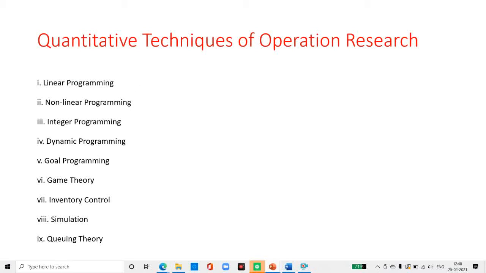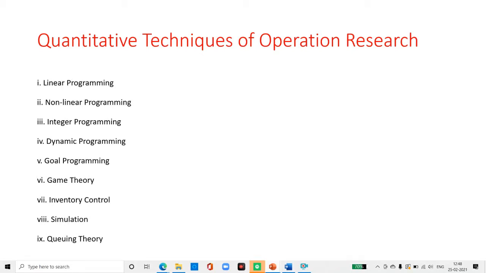Techniques of operational research. So what are the quantitative techniques used in an operational research problem? Linear programming, non-linear programming, integer programming, dynamic programming, code programming, game theory, inventory control, simulation, and then queuing theory.